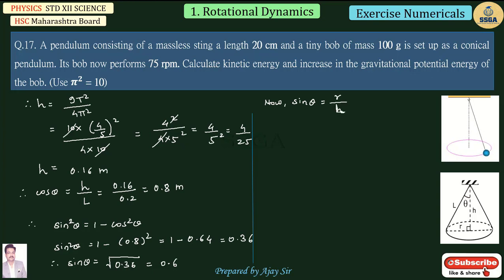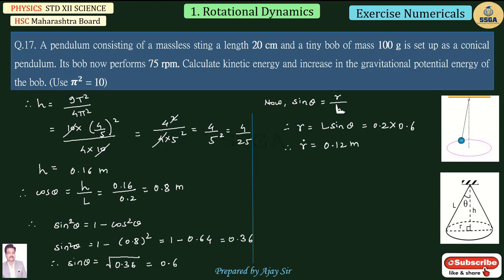Here hypotenuse is l. So therefore r is equal to l sin theta. So l is equal to 0.2 into sin theta, which is 0.6. So therefore r is equal to 0.6 into 0.2, that is 0.12 meter.